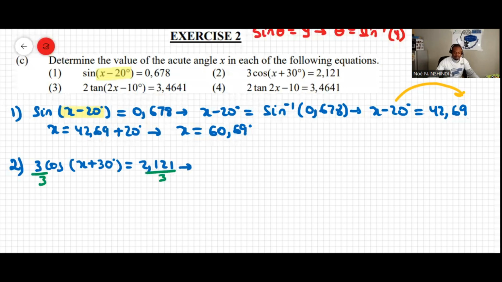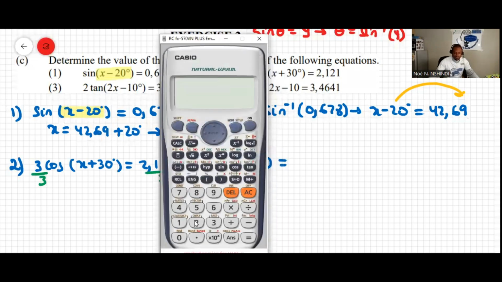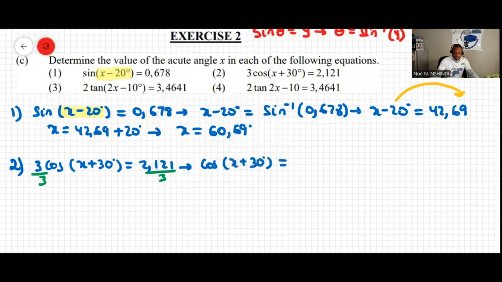That makes cos of (x + 30 degrees) equal to 2.121 divided by 3. 2.121 divided by 3 equals how much? If you press it, 0.707. Then the angle here is x + 30 degrees.